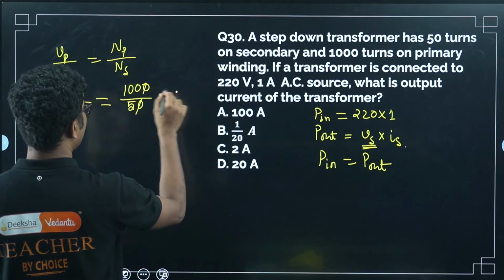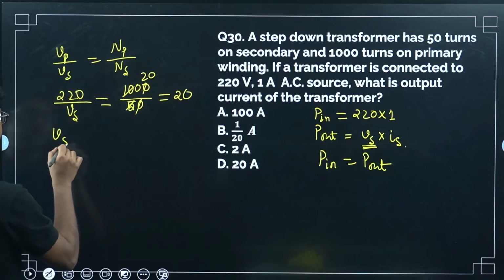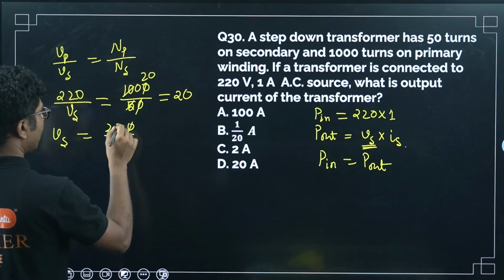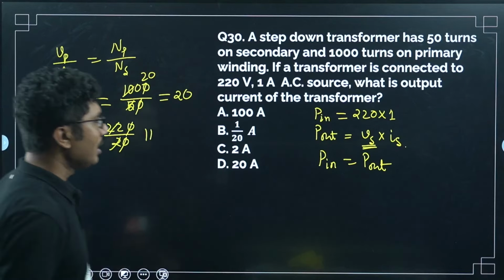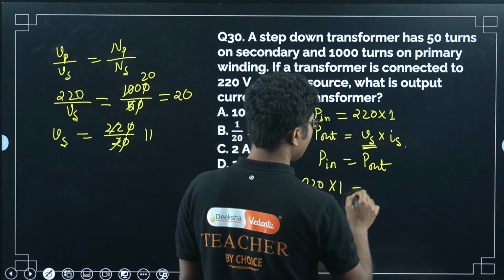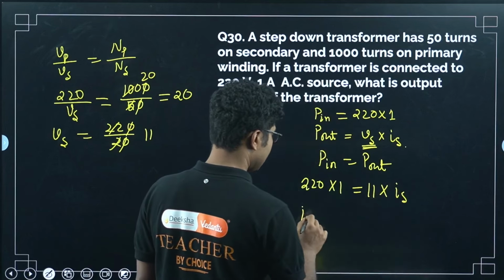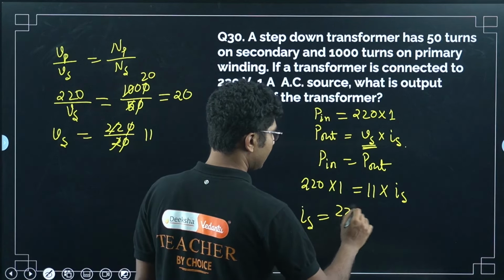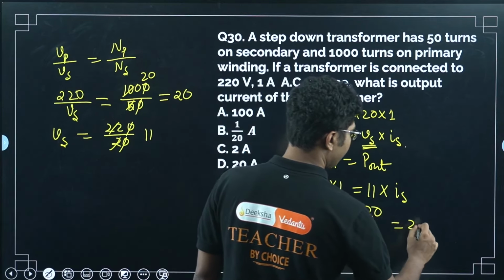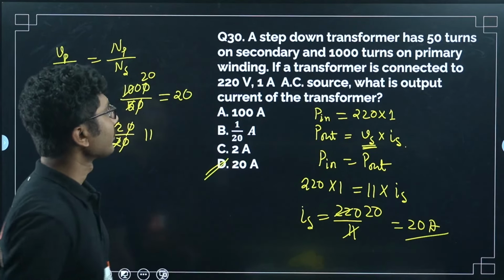So it will be 20. So Vs is 220 by 20, that is 11. So now let us put the values here. 220 times 1 equals 11 times Is. So Is is 220 divided by 11, that is 20 amperes. So 20 ampere is the answer, right?